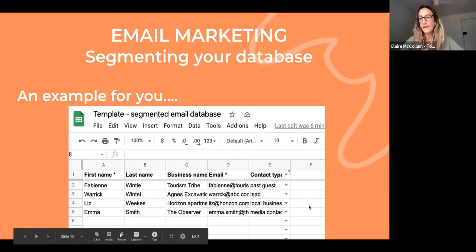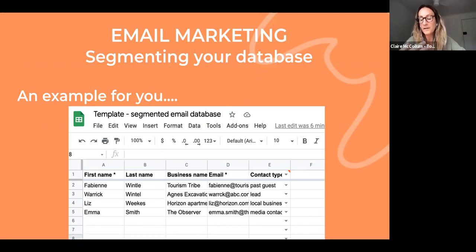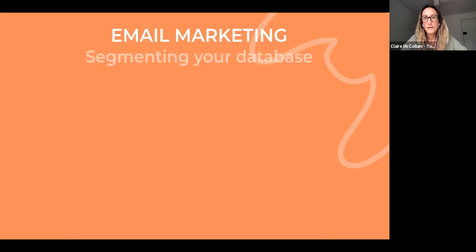If we've got a local business that's part of our email database, then it's probably not so good if we're sending them out specials that we're having, or emails that may not be relevant to them. Same with media. But if we've got news that's happening, or maybe a new product or something like that, then we are going to want to have those people on our list for a particular email, to be able to select those local business and media.